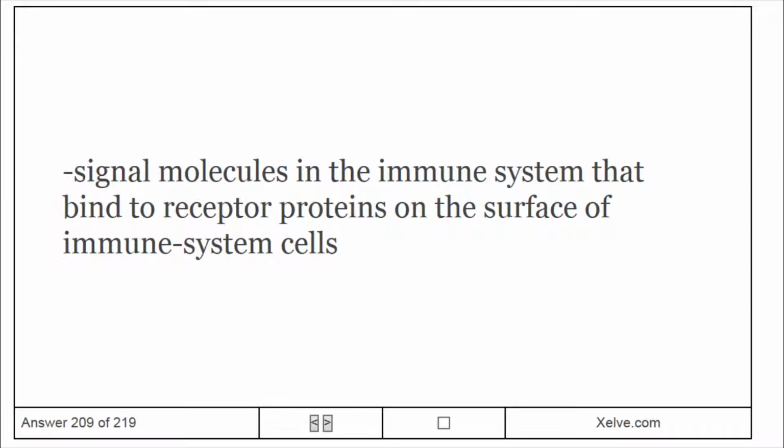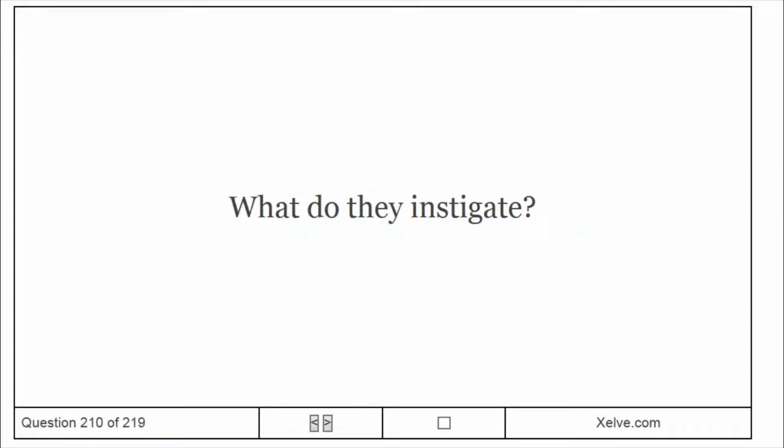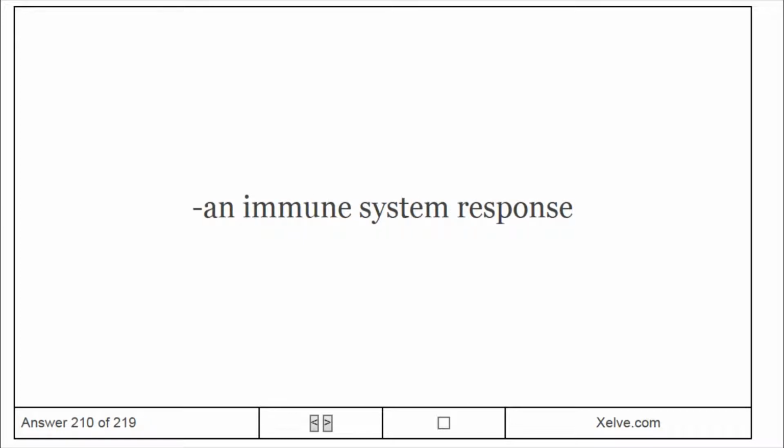What are cytokines? Signal molecules in the immune system that bind to receptor proteins on the surface of immune system cells. What do they instigate?